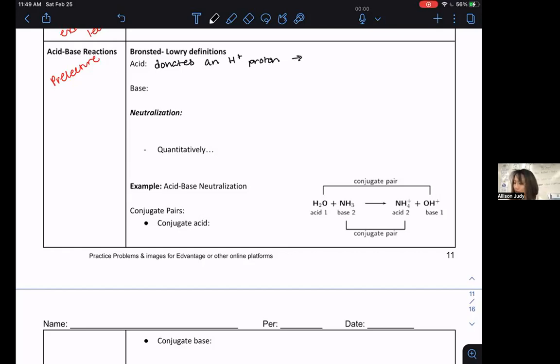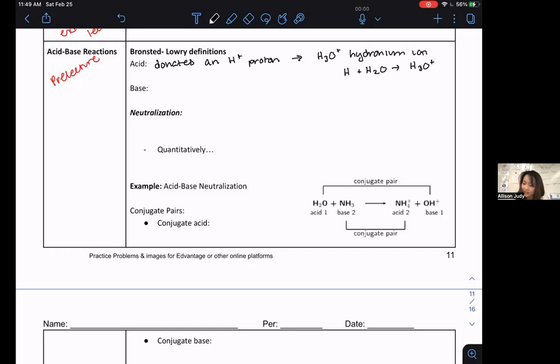Sometimes when we talk about the H+ proton, because we often do these acid-base reactions in an aqueous water environment, we can also say that it's an H3O+ hydronium ion, which is just a more realistic way of expressing how that H+ proton is carried in the water, as an H attached to an H2O, giving us a positively charged water molecule, essentially. So they're one and the same, all right?